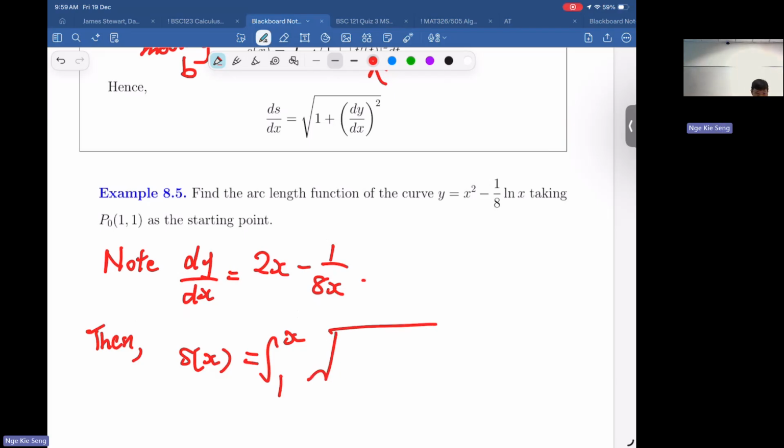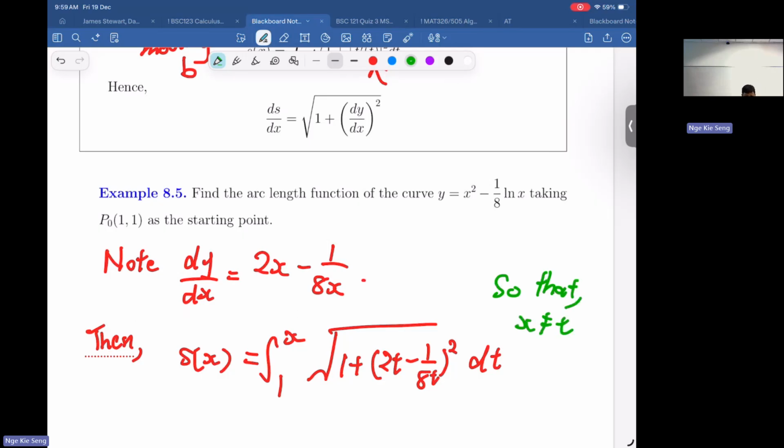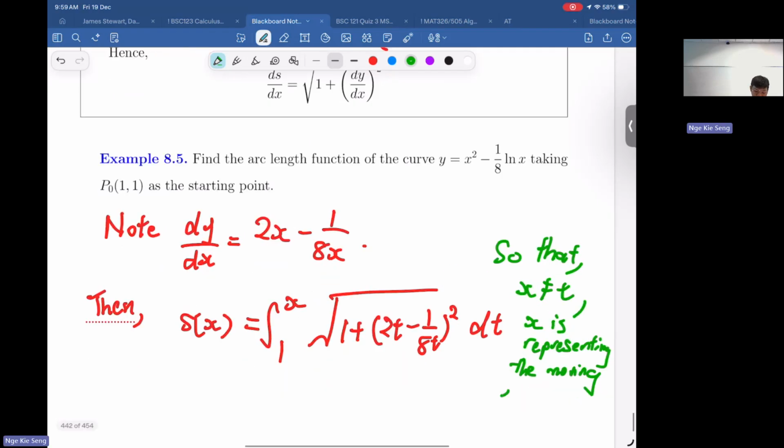And then the square root of 1 plus. So we replace the x before with t, just so that we know that x is not equal to t. These are different variables. So x is representing the moving endpoint b.